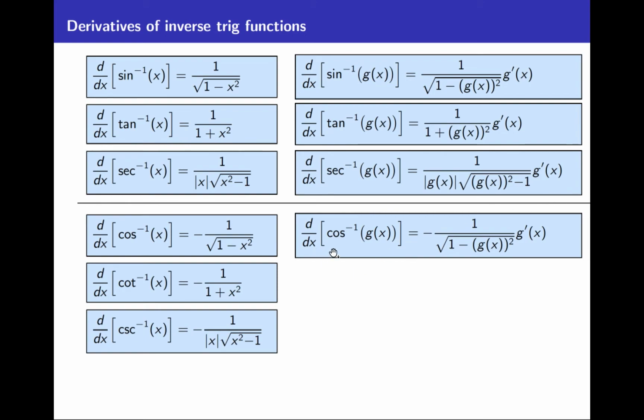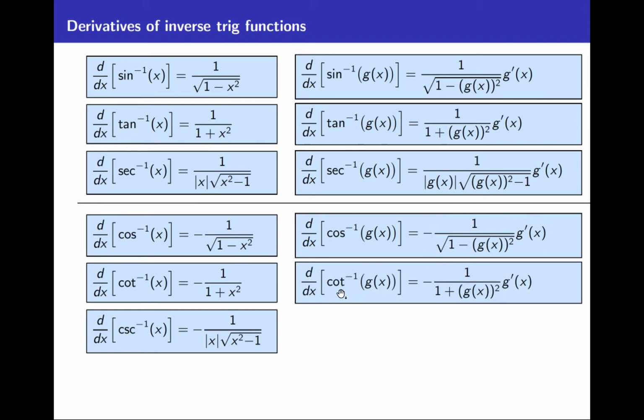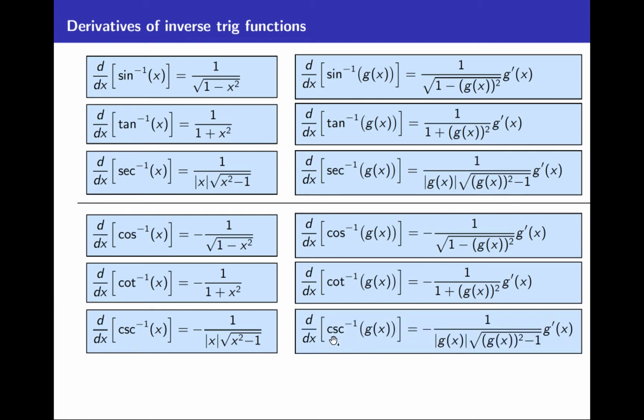Similarly, we get the derivative of cosine inverse of g of x is what's stated here. The derivative of cotangent inverse of g of x is what's stated here. Note the negatives of these expressions. And finally, we get a generalized derivative rule for the derivative of cosecant inverse of g of x.